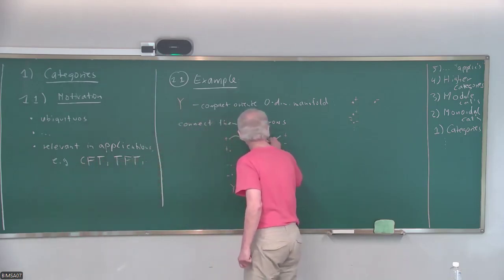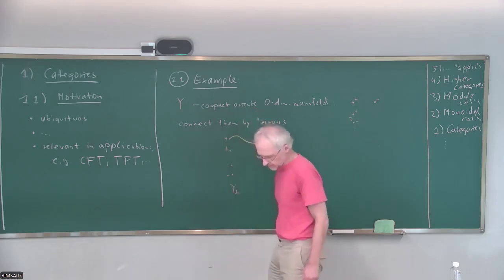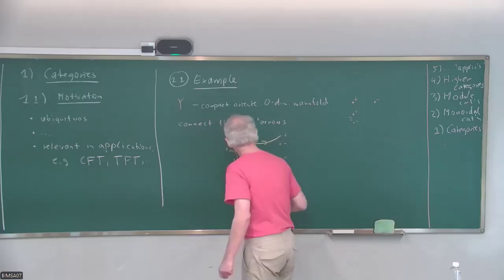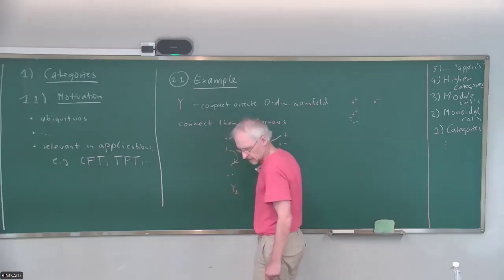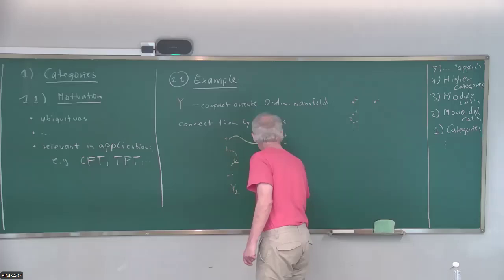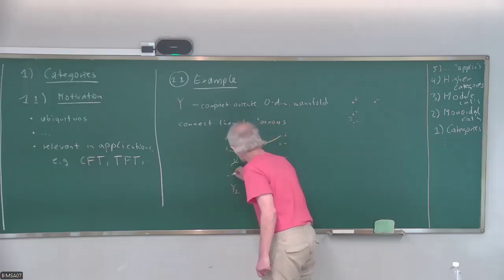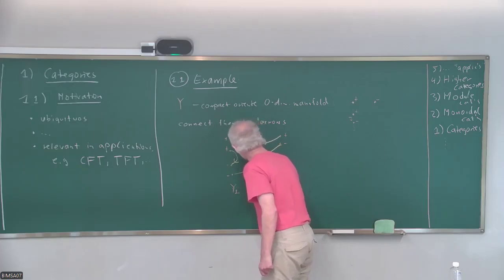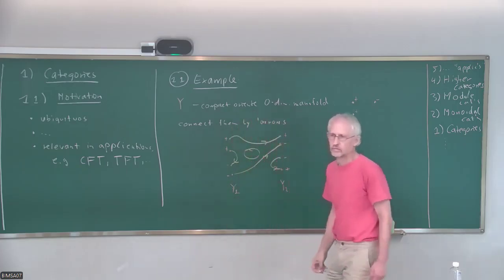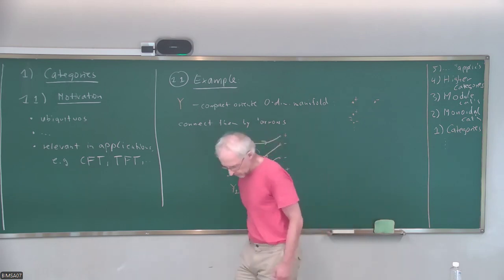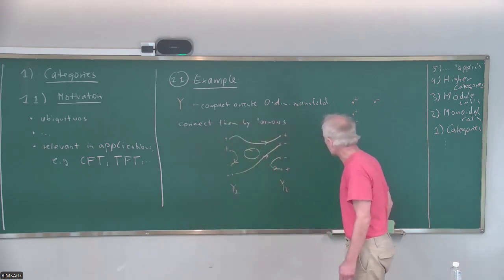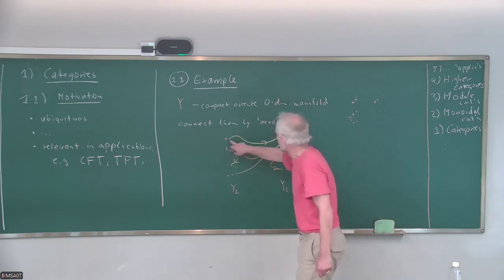So, for example, I have an oriented interval here. I have one here, I have one here, and I have one here. And I also allow for closed circuits. You will see why.